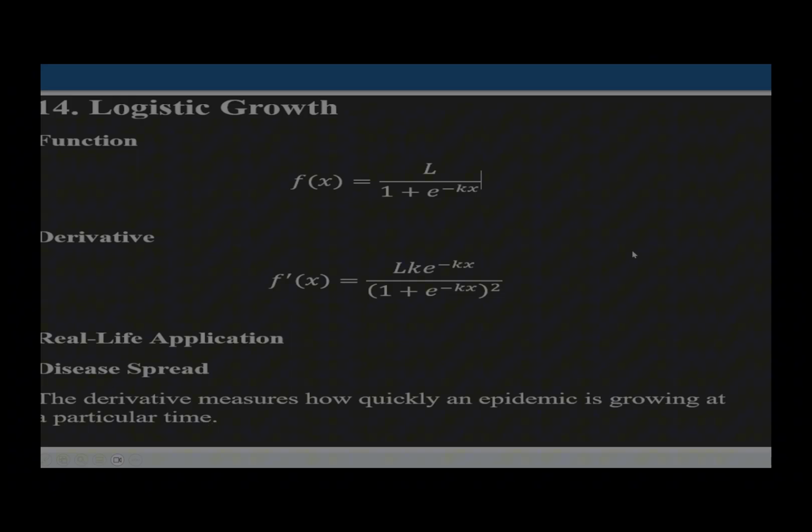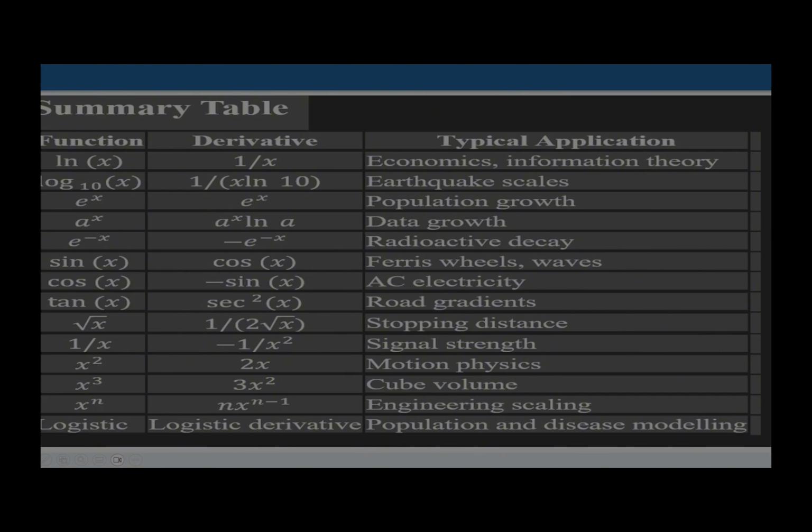All right, now the summary table. We went through all the functions listed here and their corresponding derivatives. Log x has derivative 1 over x, used in economics and information theory. Log base 10 and the earthquake scale we talked about. This is population growth: a to the power x.